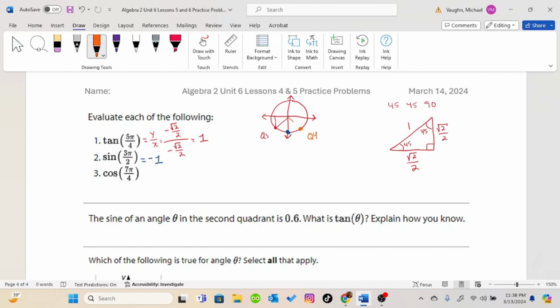And I've got another one of these special 45, 45, 90 triangles. So if my cosine is my x and my x is positive, then this is going to be square root of 2 over 2, because that's what the x is on a 45, 45, 90 right triangle.